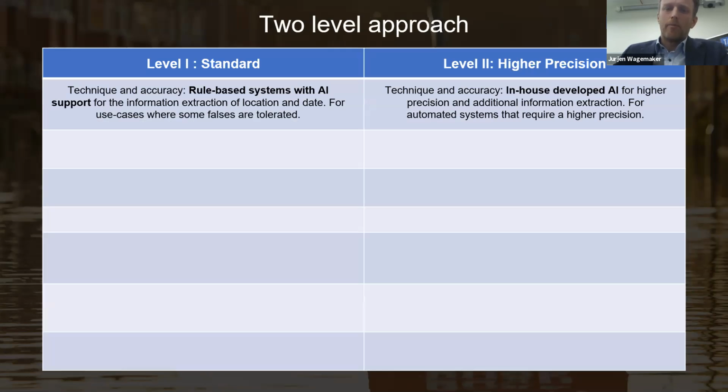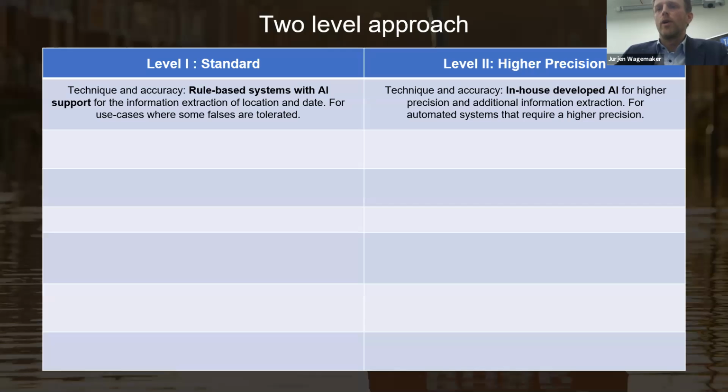So that latter process, all the annotation and classification, is kind of time intensive. So what we needed to do is find more ways that we can do this natural language processing and information extraction. So actually we split it in 2. One, we have rule-based systems that have AI support for a quick understanding of what's going on with reasonable precision.